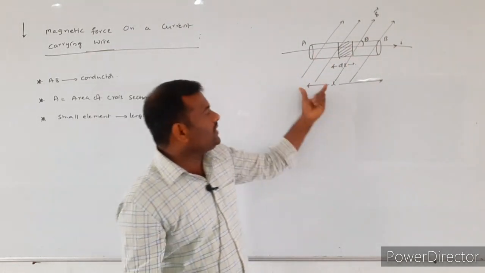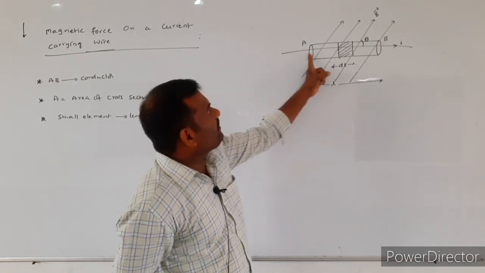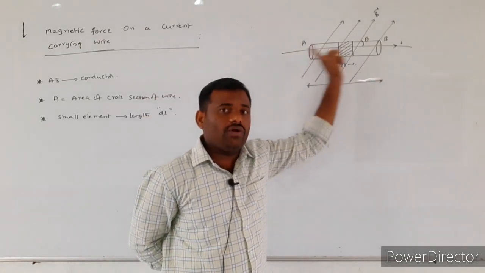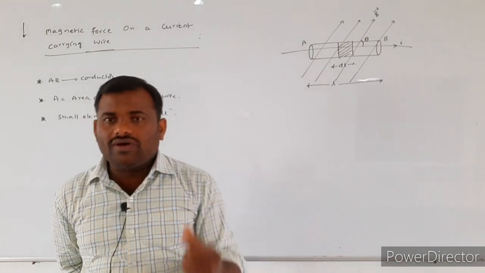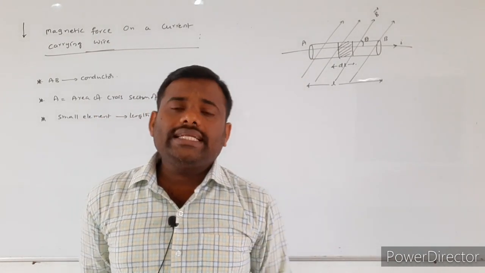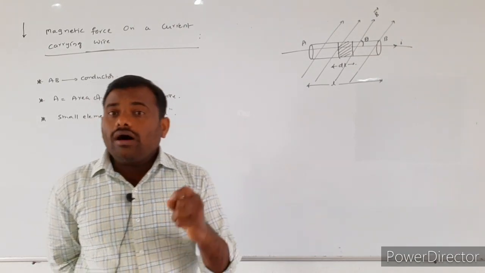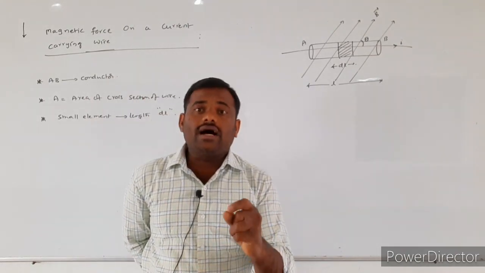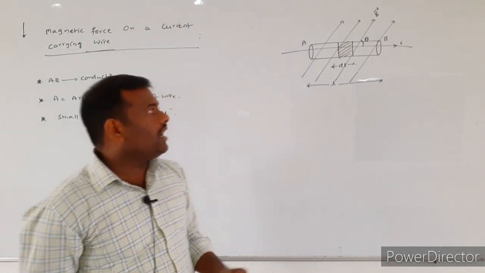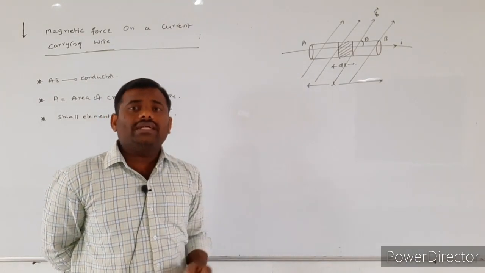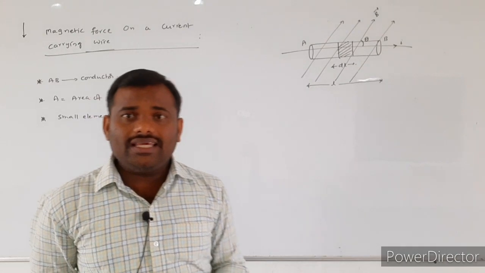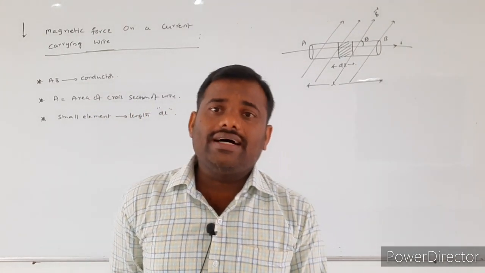If you assume the current is flowing from A to B, then in the opposite direction of the flow of the current, all the free electrons are moving with a constant velocity. Such velocity is nothing but drift velocity.